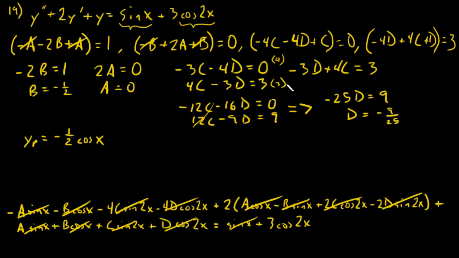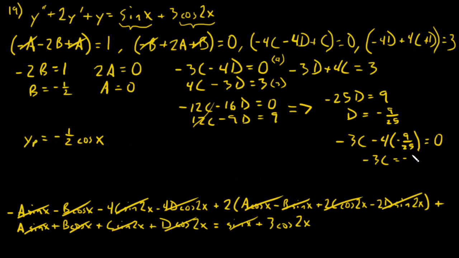Let's use this one, the 0 one, that'll be easier. Negative 3c minus 4 times negative 9/25 equals 0. Alrighty, let's see. For that one then, I'm going to wind up with negative 3c is equal to 36 over 25.